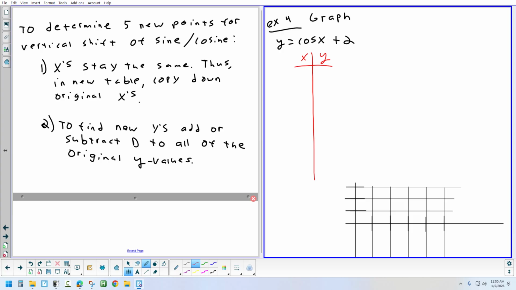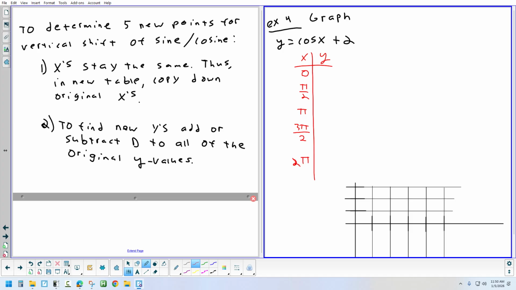Yep, and can you tell me my x's for cosine? Zero. Pi over 2. Pi. 3 pi over 2. 2 pi.